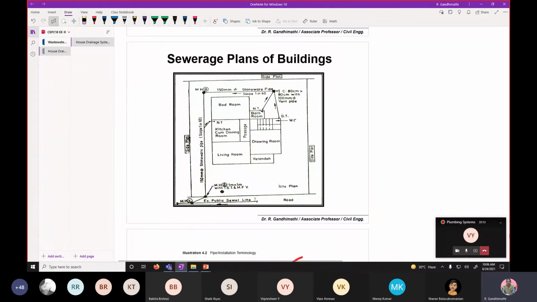Here you can see GT, gully trap, then provisions with a slope 1 in 60, 150 mm dia stoneware pipe, then vent pipe with 100 mm dia. Everything is indicated in this drawing.